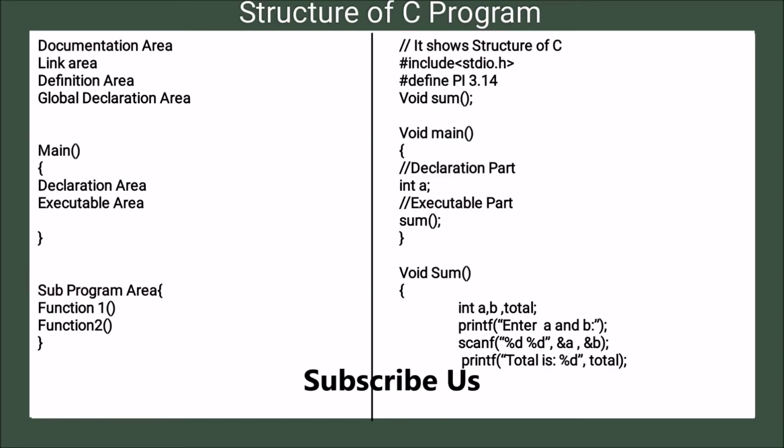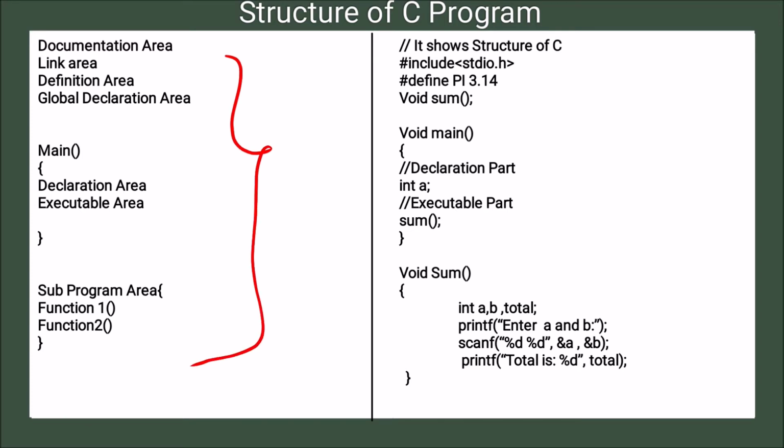Now, this is the whole structure of a C program, how a basic C program is designed and written. This is the theory portion, and here is how it actually looks. First is the documentation area.